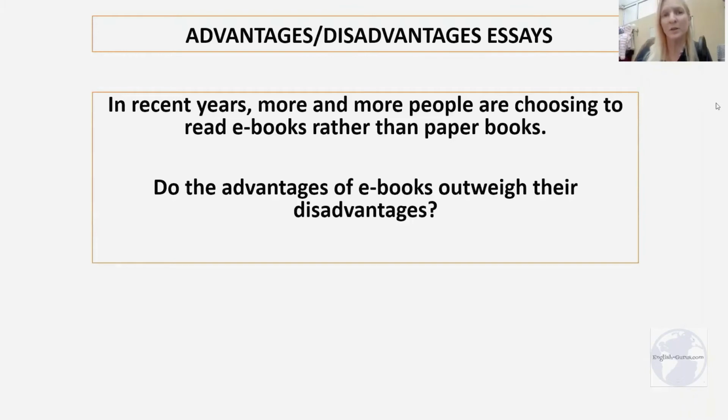In recent years, more and more people are choosing to read ebooks rather than paper books. Do the advantages of ebooks outweigh their disadvantages? So you're presenting the advantages of ebooks and the disadvantages of ebooks and your main idea. So take a look at our video on the double idea essay, main body paragraph, to learn how to write this type of essay.